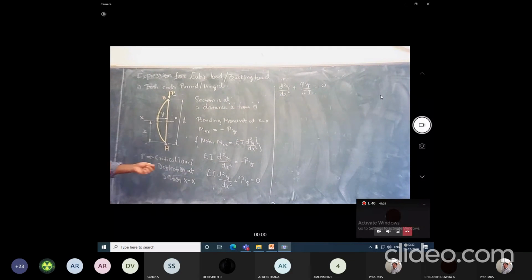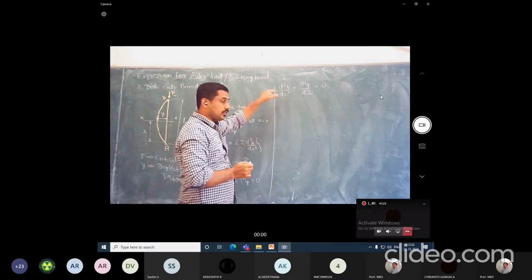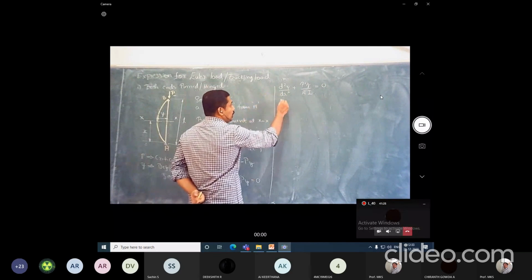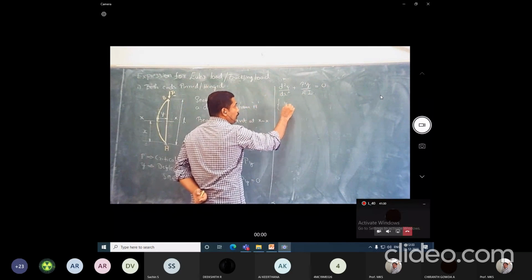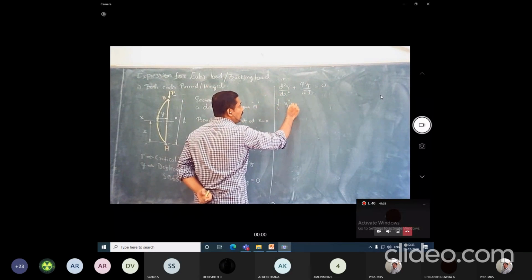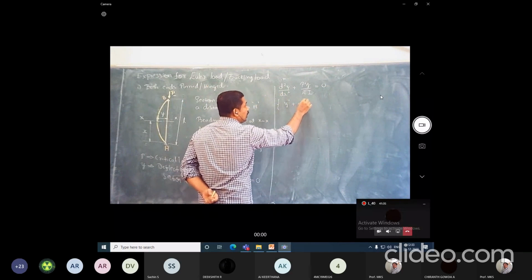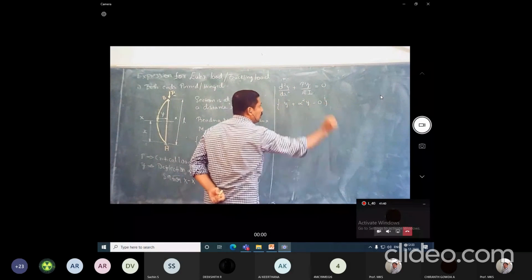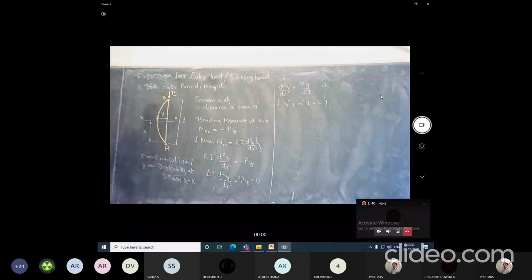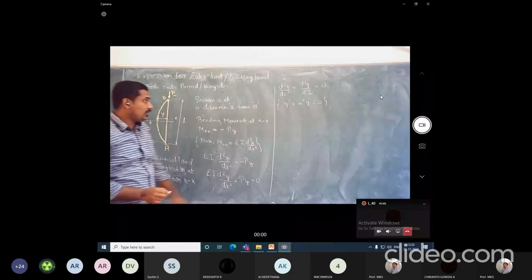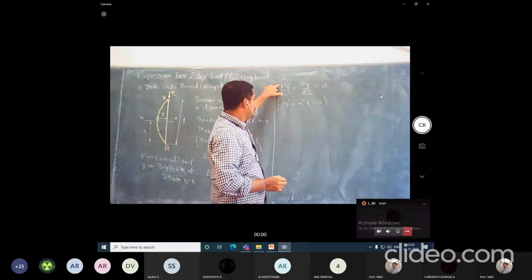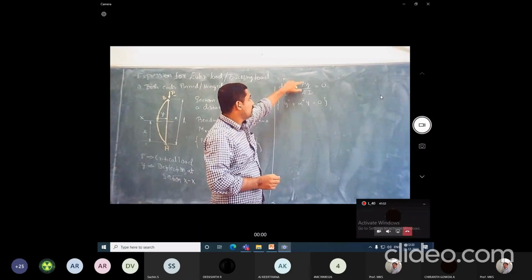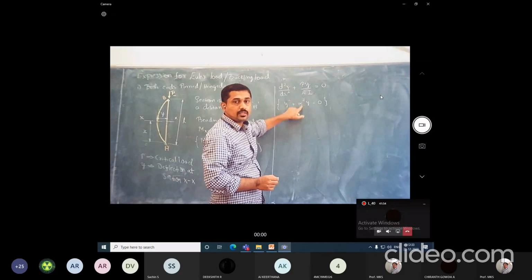This equation is of a general form, as used in mathematics. For your understanding, it is of the form y double dash plus alpha square y equals 0, where y double dash is the double differentiation. Alpha square is the constant, P by EI.